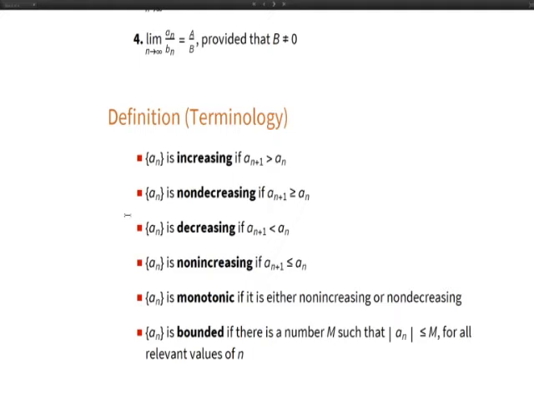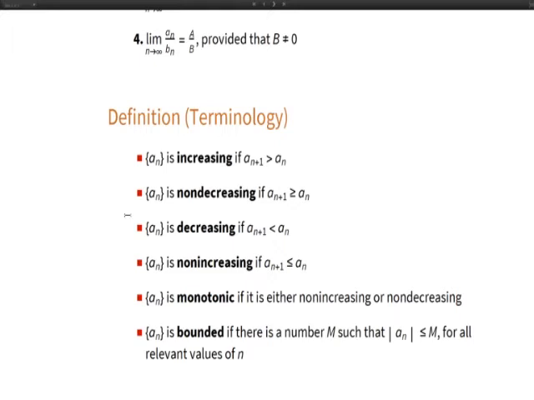It's a sequence that can be the same or go down. So for example, 5, 4, 3, 3, 3, 2, 1 would be non-increasing. But 5, 4, 3, 3, 4, 3, 2 would not, because it went up and then back down.